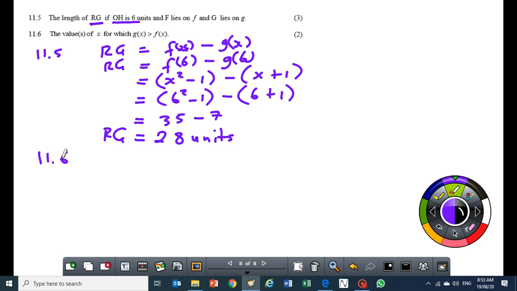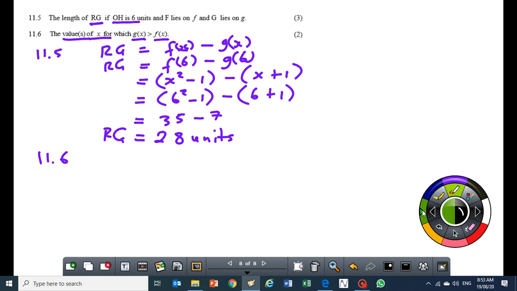11.6 says determine the values of x for which g of x is greater than f of x. This is probably the first time you are doing a question like this, so I will try to make it as simple as possible.